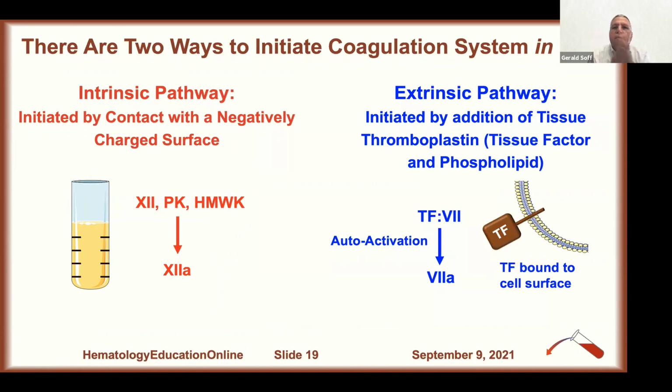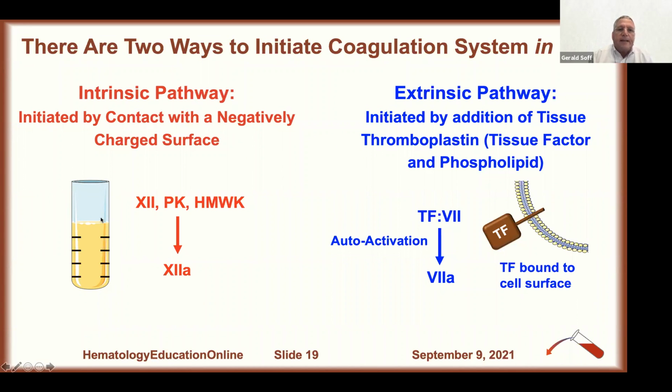So there are two ways of initiating the coagulation system in vitro. And again, this is the classic teaching. We're going to understand as we go the limitations to this model. This is how the intrinsic pathway gets activated in vitro: the anticoagulated plasma gets exposed to a negatively charged surface.